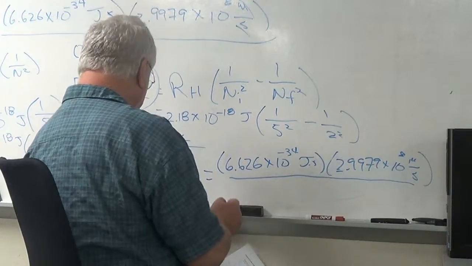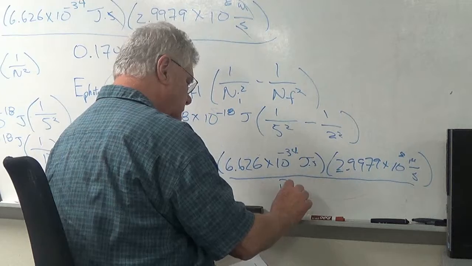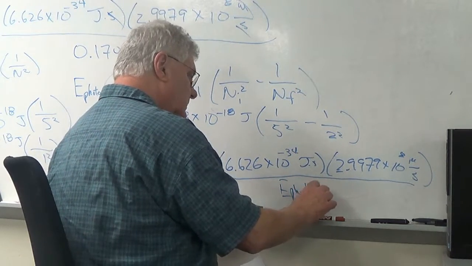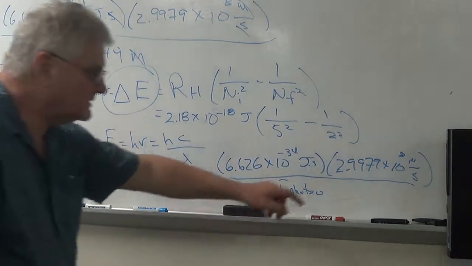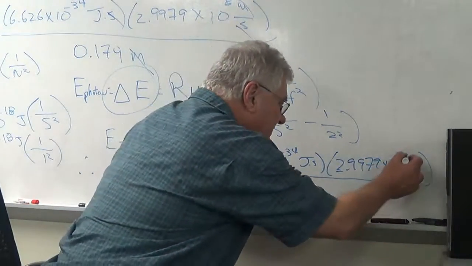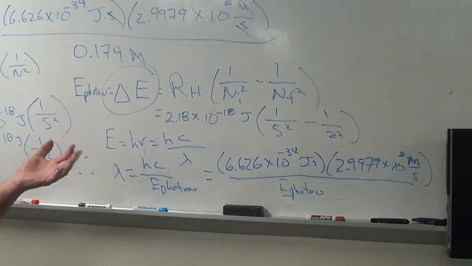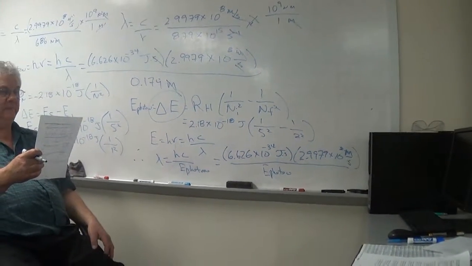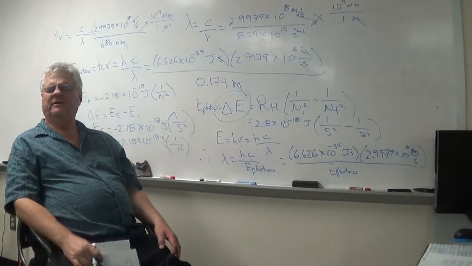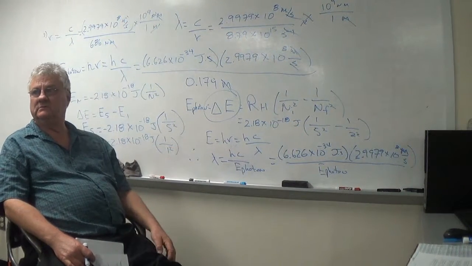And then this is over the energy of the photon that we determined up here. Don't forget that this wavelength is going to be in meters because the speed of light is in meters per second. So your answer is going to be in meters, and it doesn't even say, it just says calculate the wavelength of the light. If all your answers are in nanometers, then you're going to have to take your answer in meters and change it to nanometers.